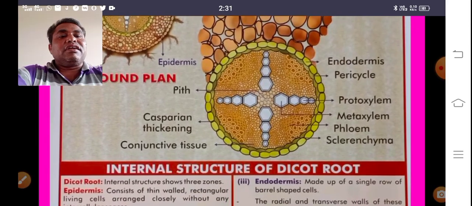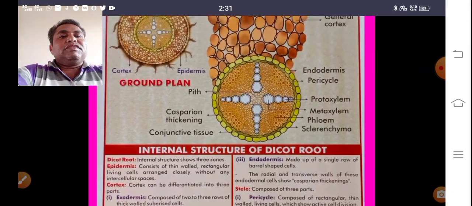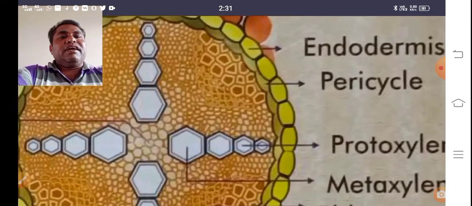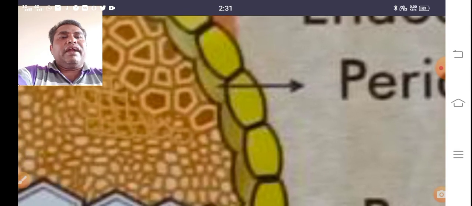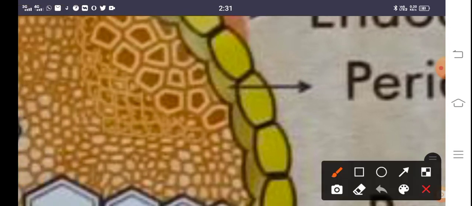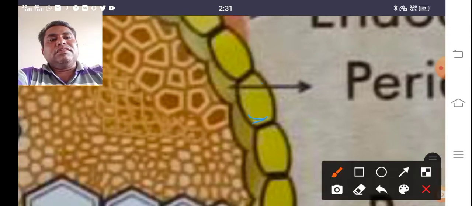We should consider that endodermal cells are barrel shaped cells. When you take the lateral walls, the walls will be very thickened at the corners.